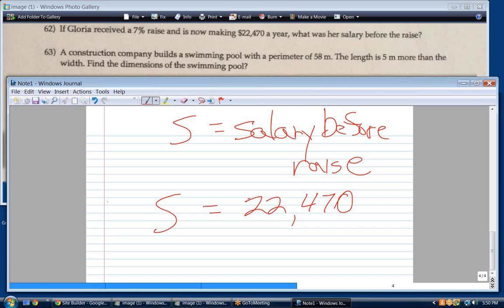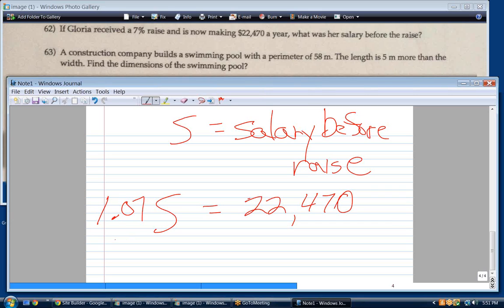Well, that would be the amount of the raise, but she got her original salary also. So it would be 1.07. In other words, if I multiplied it by 0.07, I would just get the size of the raise. Well, the size of the raise is only going to be $1,500 or so. But if I take her entire salary and multiply it by 1.07, then I'm giving her her salary plus the 7% raise. You see that?